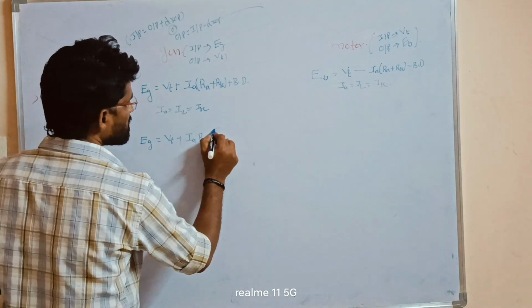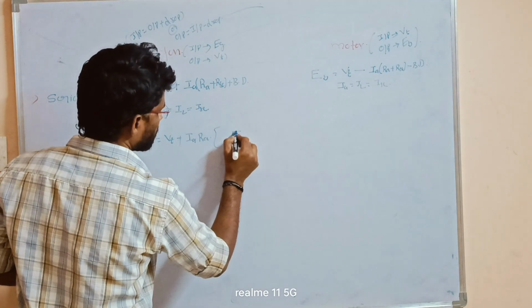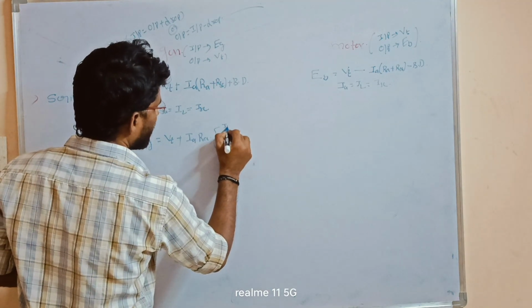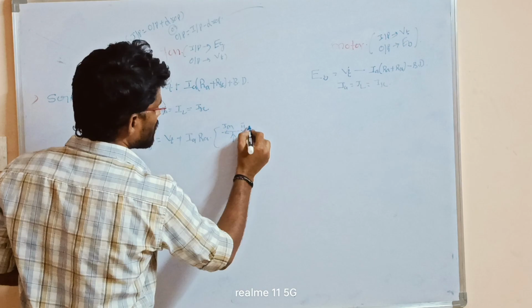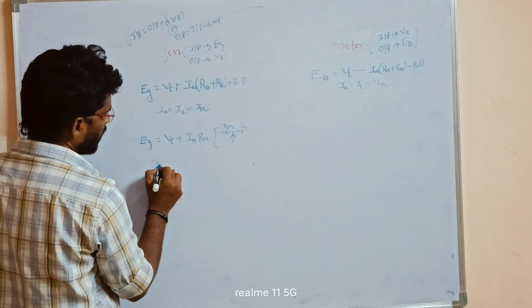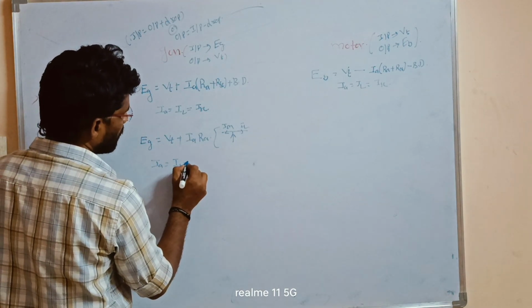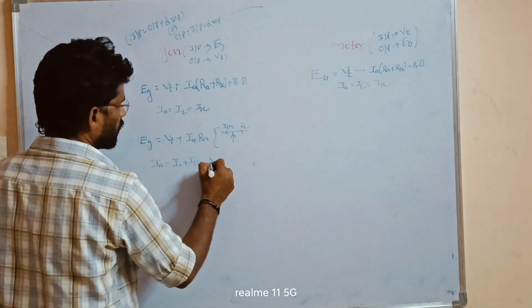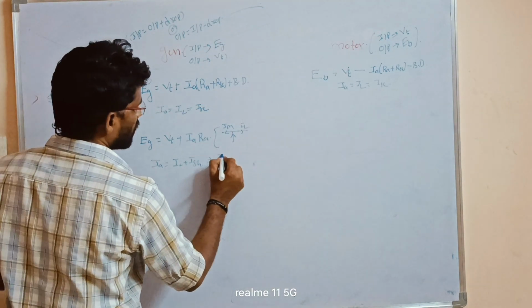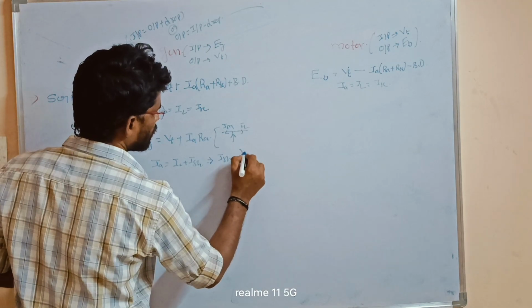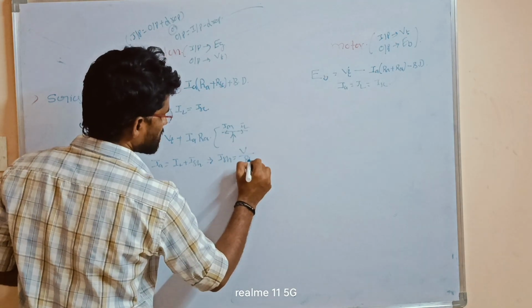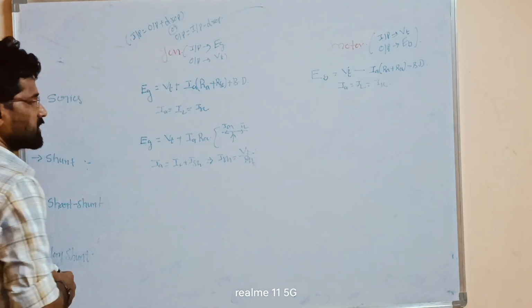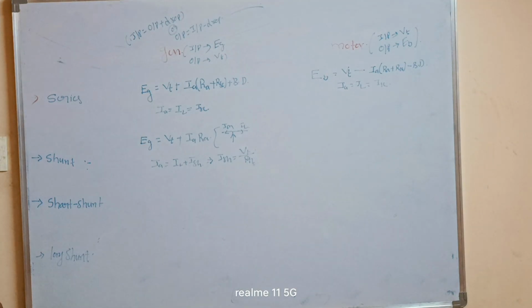Here is the direction: ISH and IL. IA is equal to IL plus ISH, so ISH is equal to VT by RSH. So this is for the shunt generator.